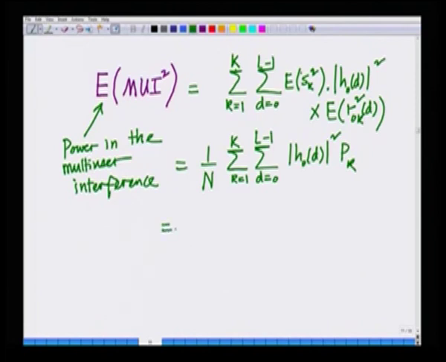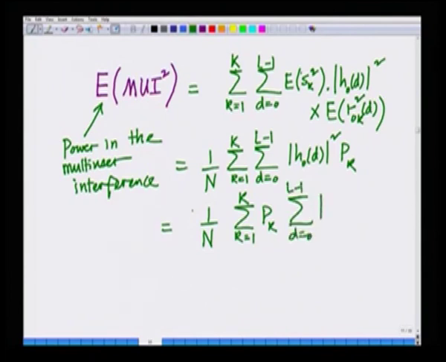Since this does not depend on d, I will pull it out of the summation. This is nothing but 1 over n summation k equals 1 to capital K P k, summation d equals 0 to L minus 1 magnitude H 0 d whole square.